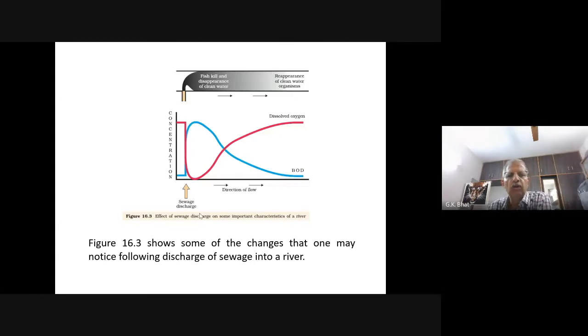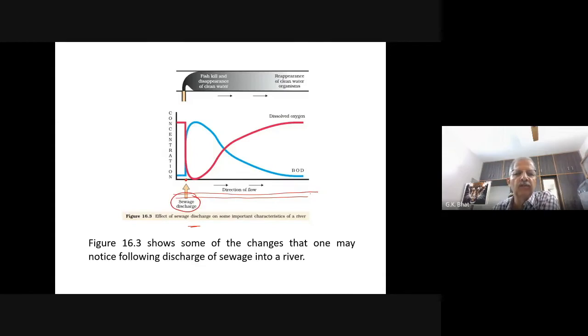Look here. This graph shows the effect of sewage discharge on some important characteristics of a river. Here is the direction of flow; water is flowing this way. Now you see that the sewage got discharged at this point.